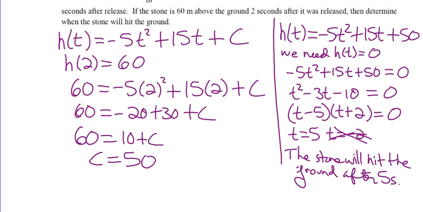Okay. Easy peasy, right? And what did it all start with? It started with an expression for velocity, and we backed that up to get an expression for height or displacement. But then we had an initial condition that allowed us to find the particular equation we want.